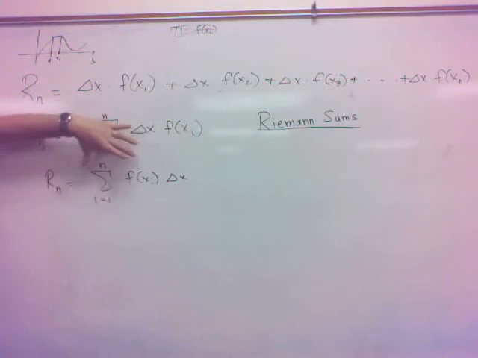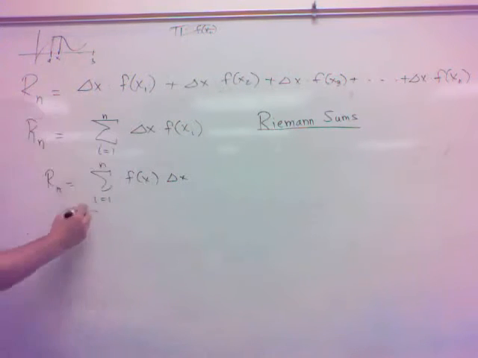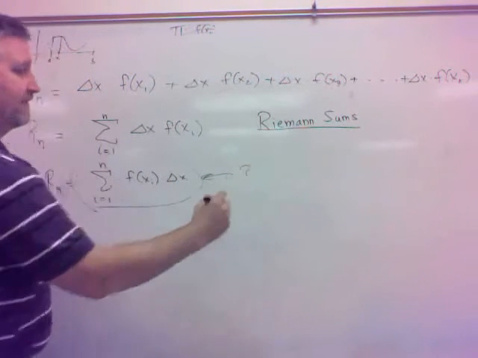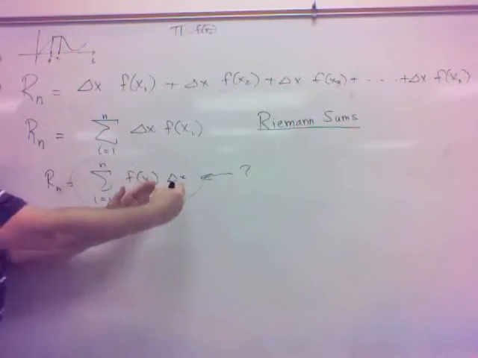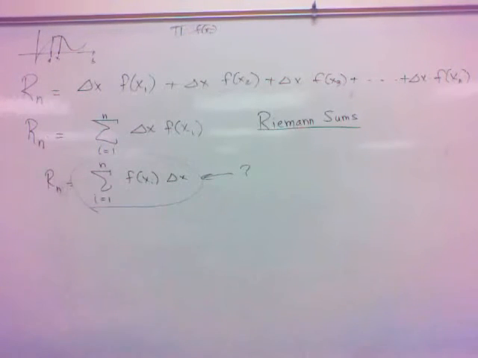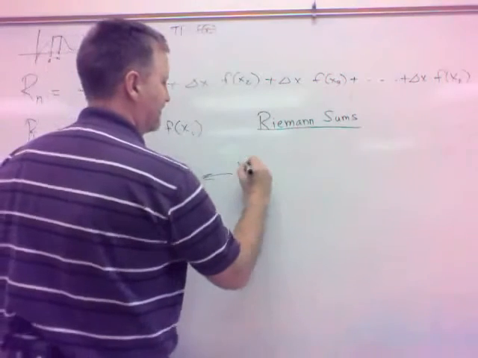So, if I see this notation here, what does it represent? Area under the curve. But what if you have some negative values? Net area. Okay. If we see this notation, f of x sub i times delta x, the sum of all those, remember it's the net area under the curve.